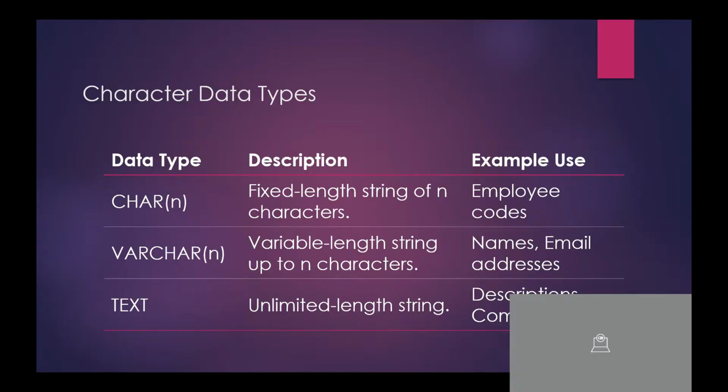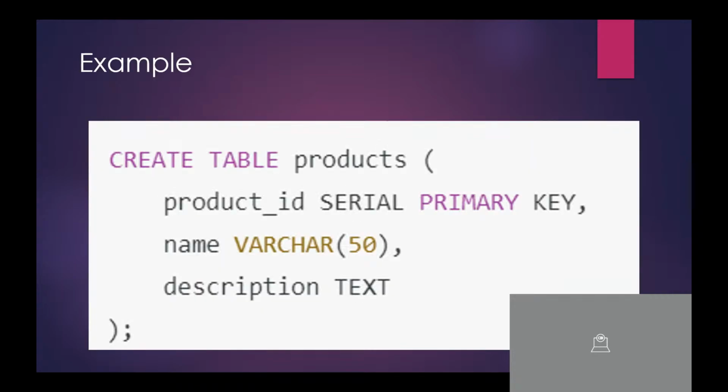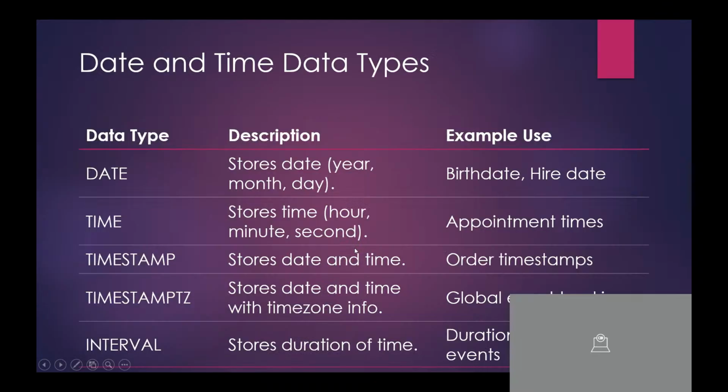I always prefer VARCHAR because it supports names, email addresses, all these things. TEXT is an unlimited length string, used for descriptions and comments. For example, VARCHAR with 50, or you can give 100.